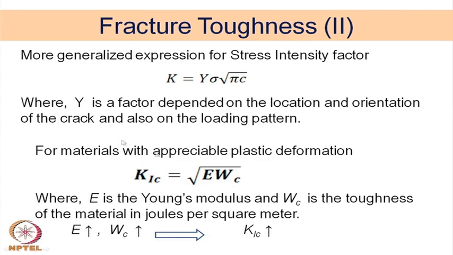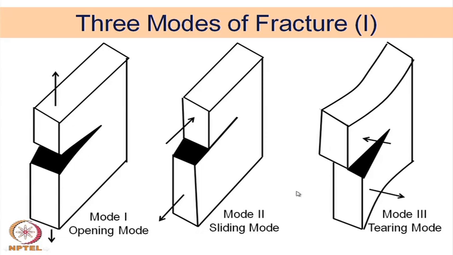Okay. So, I think next will be the 3 different modes of fracture. Maybe we will take it up in the next class. For the time being, that is the end of discussion.